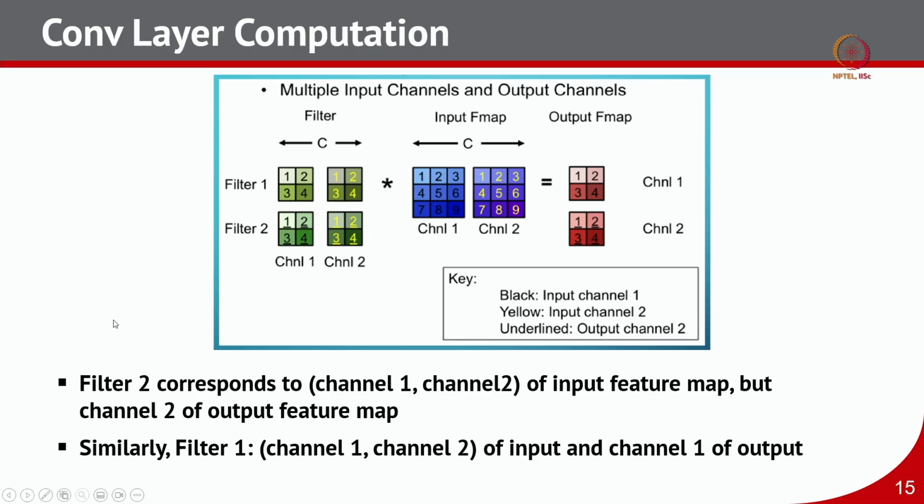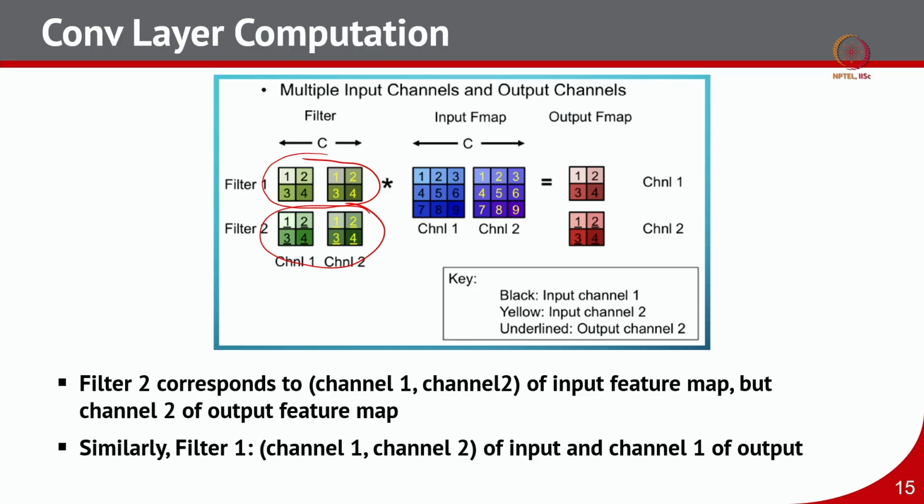So as a quick reminder, if we have m number of filters, let us assume that we still have two channels. This is the filter 1 and this is the filter 2. If you see the underline, then that means that is the filter 2 values, right. The input remains the same.